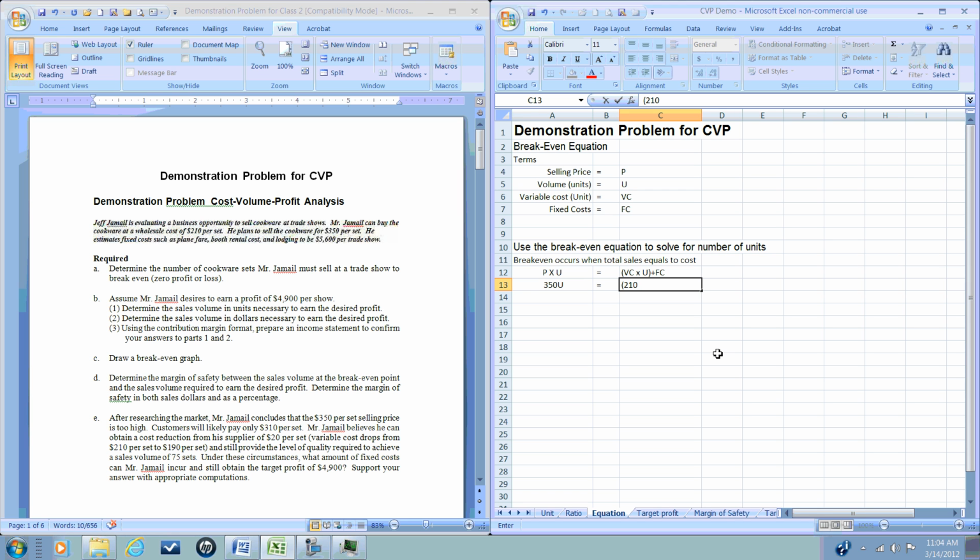So 210U plus our fixed cost of 5,600. So our algebraic equation is 350U equals 210U plus 5,600.